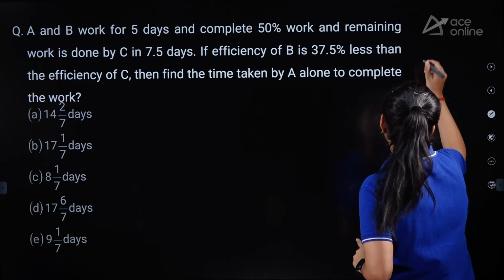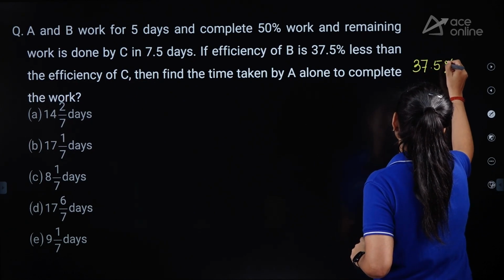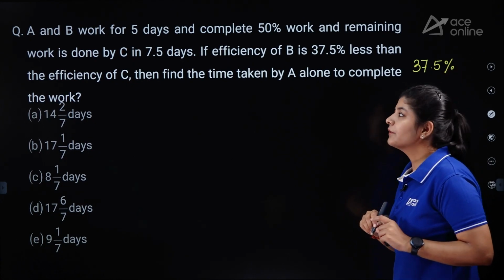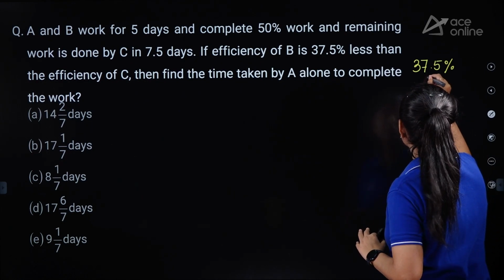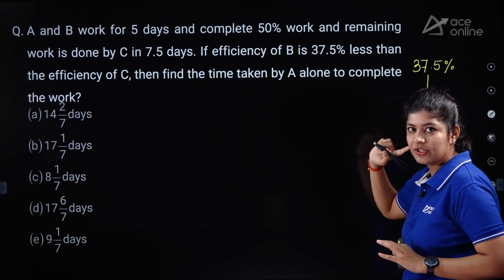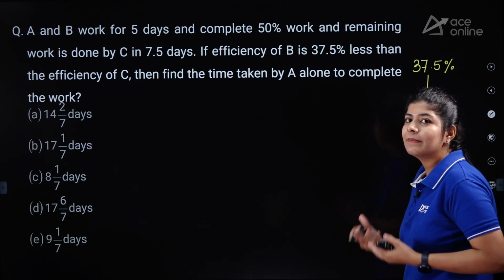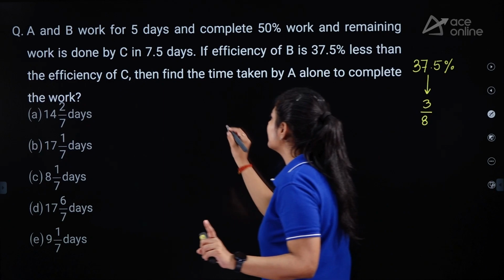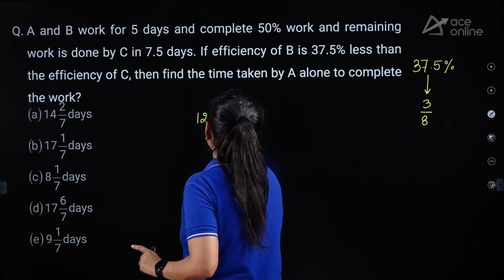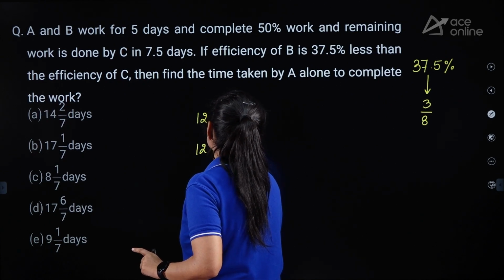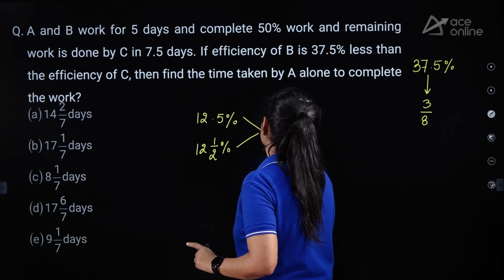I'm just helping you in one thing. Here we have 37.5%, right? When we have these types of values, we have to convert them into a fraction, and we can write it as 3 by 8. I'm writing it directly because whenever I have 12.5%, or you can also write it as 1 by 2%, we can write it as 1 by 8 in the fraction.